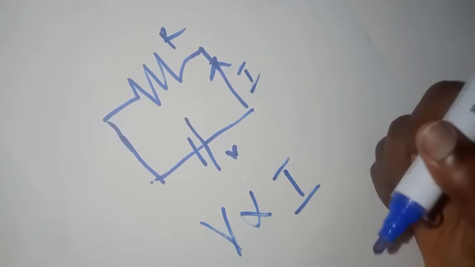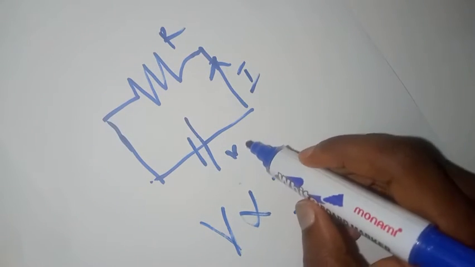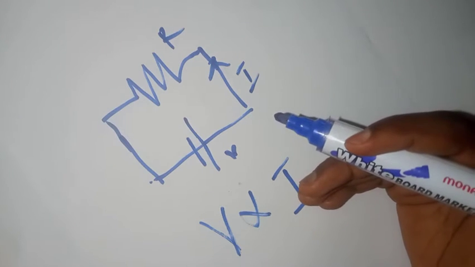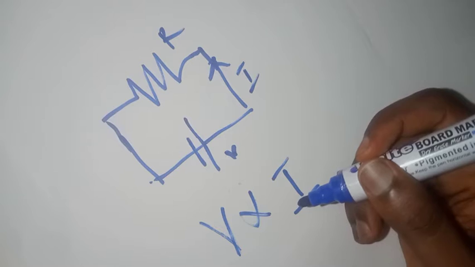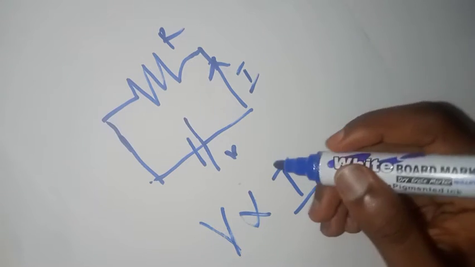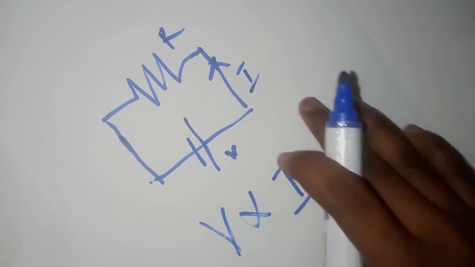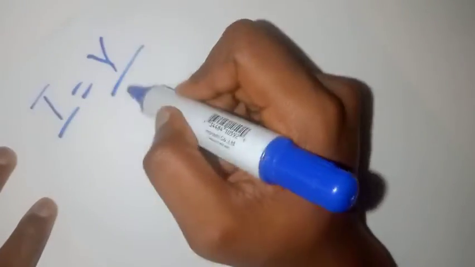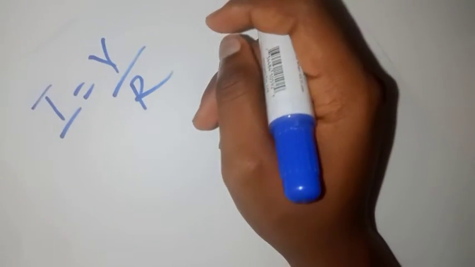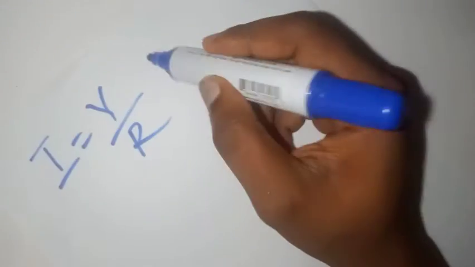We can also vary the resistance while keeping the voltage constant in order to vary the current. In a case where we know the value of the resistance and the voltage, we can determine the value of the current. This is given by I equals V over R, in amperes.